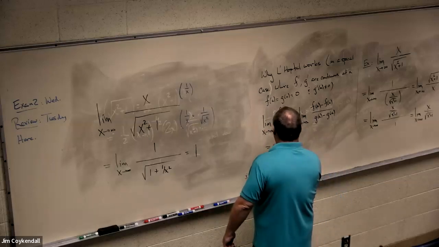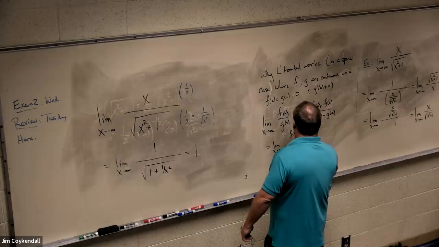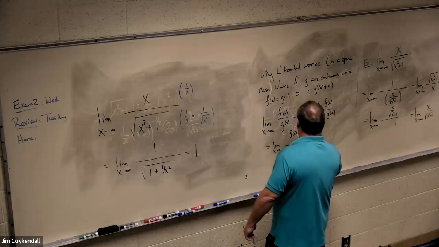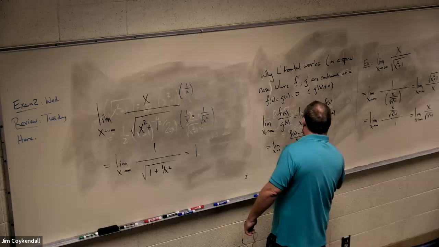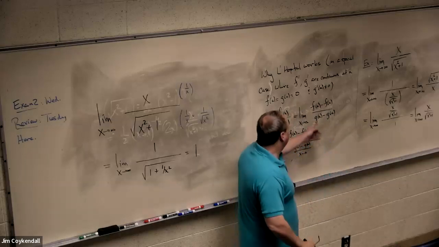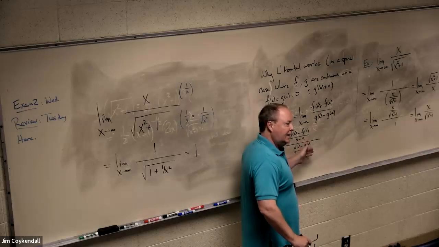This is the limit as x goes to a of f of x minus f of a over x minus a, over g of x minus g of a over x minus a. What did I do to go from here to here? I just put the x minus a in the bottom. It's fractions, and I can cancel that out.